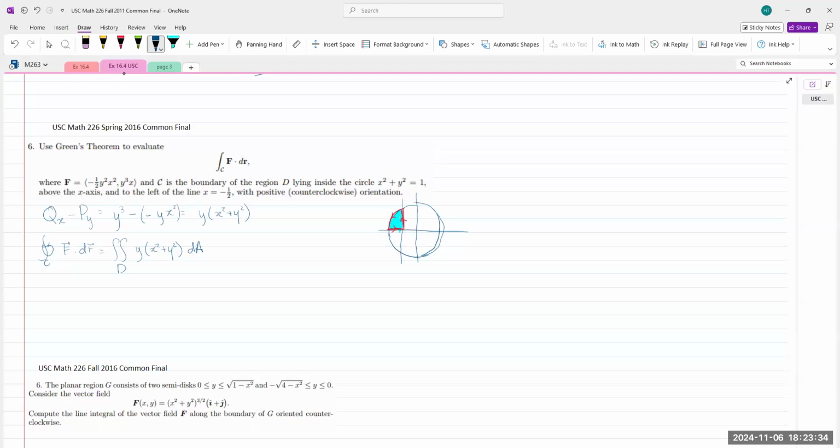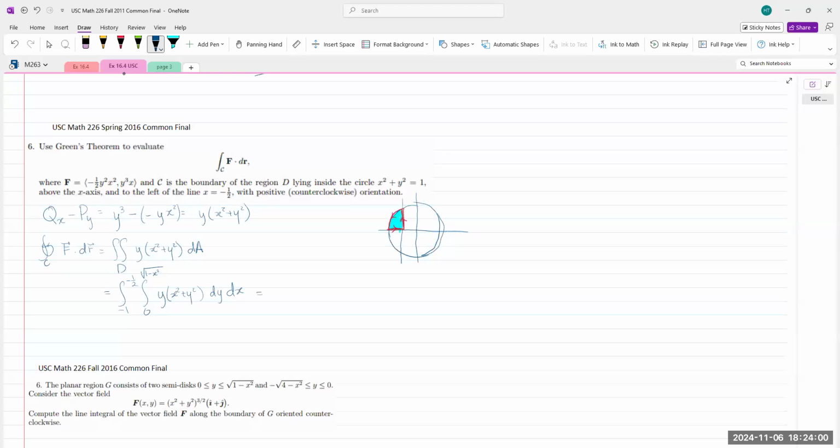Honestly, I wonder if I want to do it. So this is the integral from -1 to -1/2 for the x, and as for the y it will be from 0 to square root of 1 minus x squared, y times x squared plus y squared dy. Oh, it seems like it's not that bad.